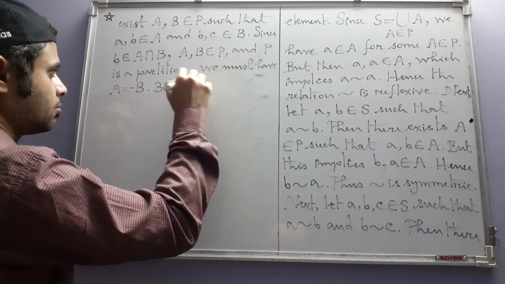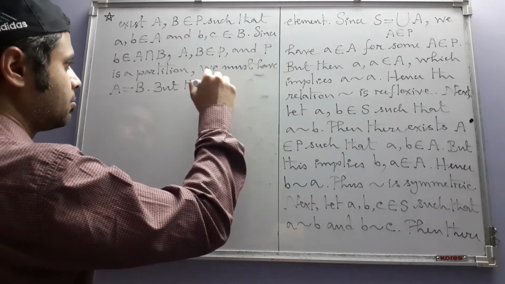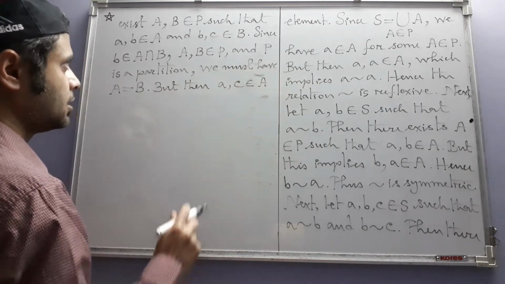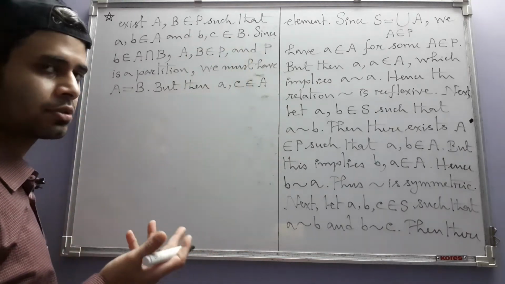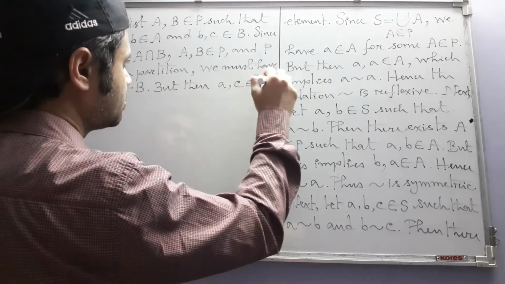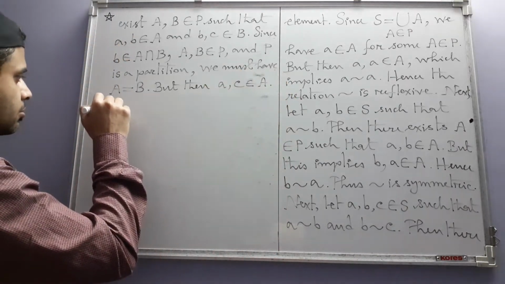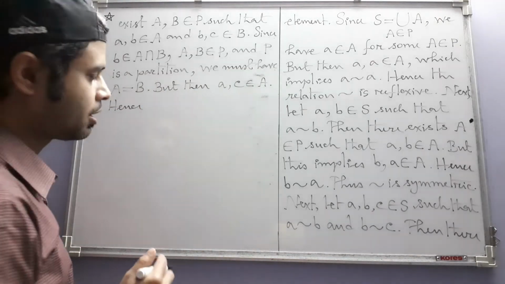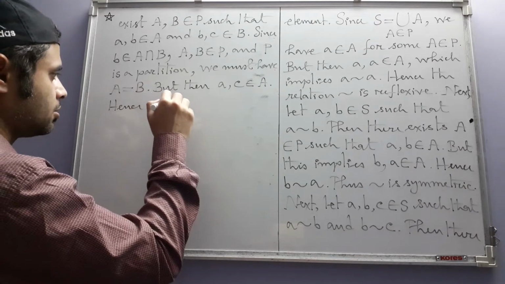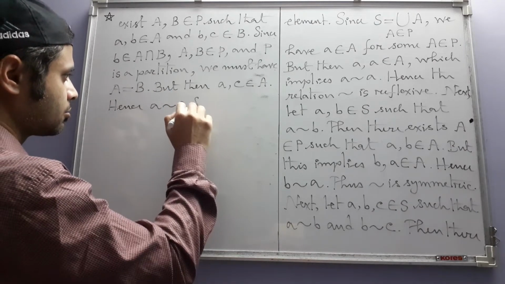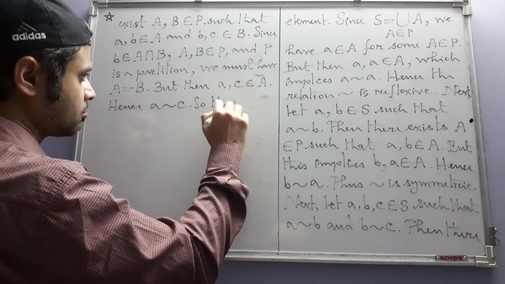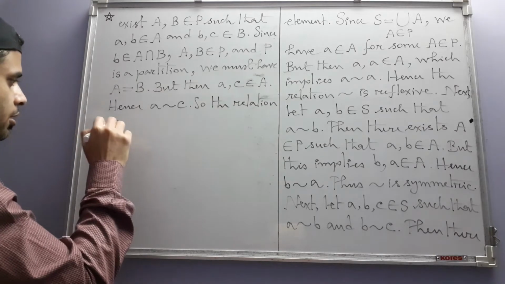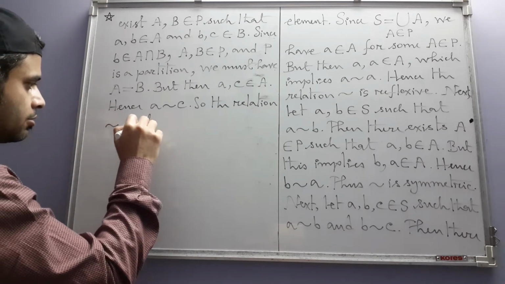But then, because they are equal, A and C both belong to A. C originally belongs to B, but B now we have shown is nothing but A. Hence, since A and C belong to the same set in the partition, A is related to C. So the relation tilde is transitive.